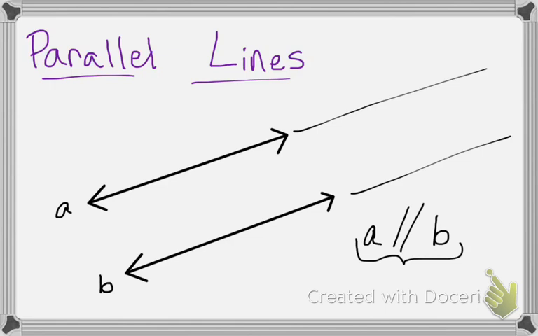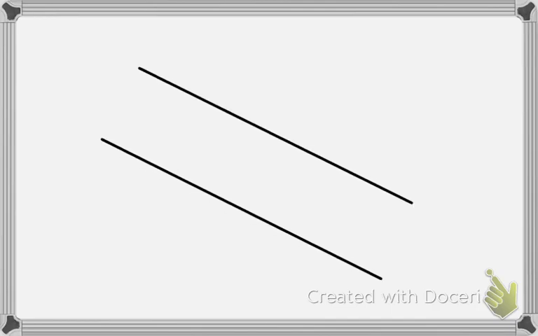Okay, so a big thing in geometry deals with parallel lines that are actually cut by a third line. So let me draw two parallel lines right here. All right, and these are going to be cut by a third line. So we're going to draw a line right through the center of these.